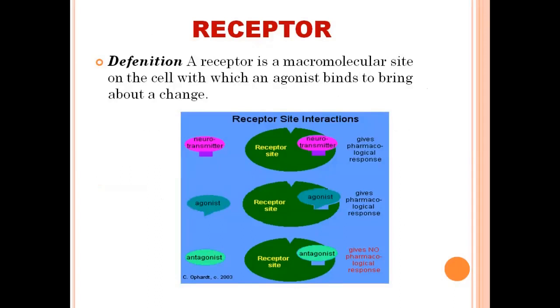For example, if a neurotransmitter is coming to the receptor site, it gives a good pharmacological response. Whereas an agonist also will give a good pharmacological response. Whereas if the drug is an antagonist, it will not give any pharmacological response. Therefore, it will act through the mechanism of depression of the drug.